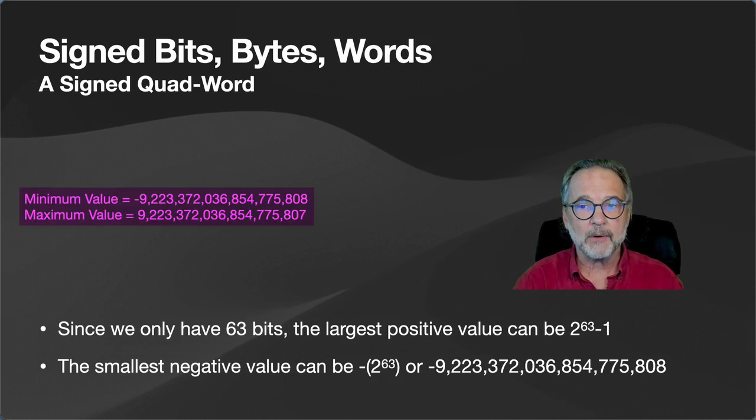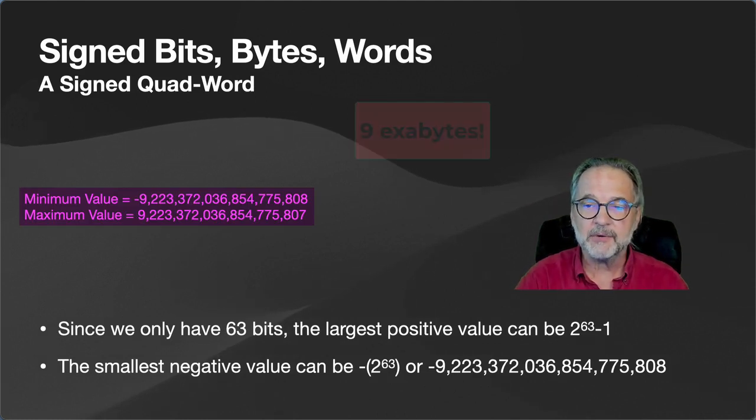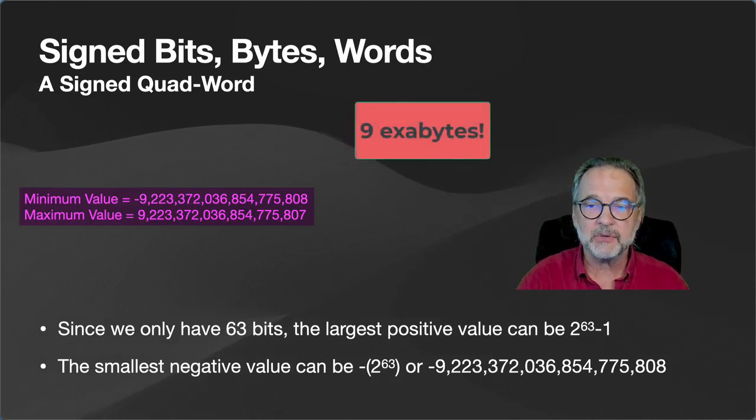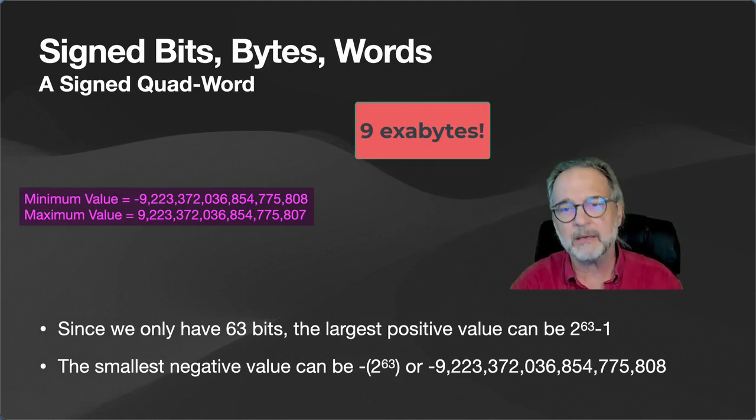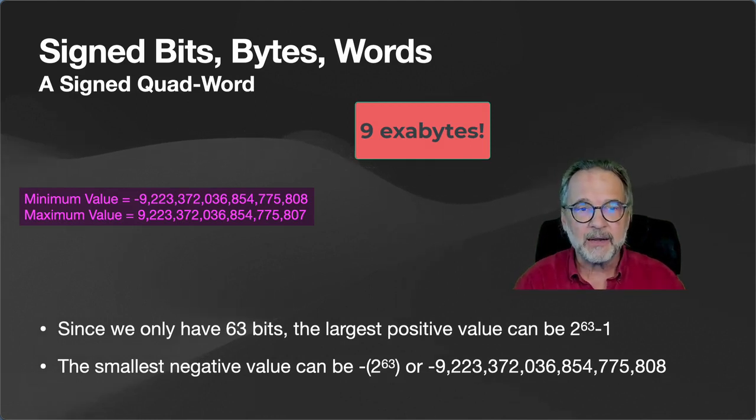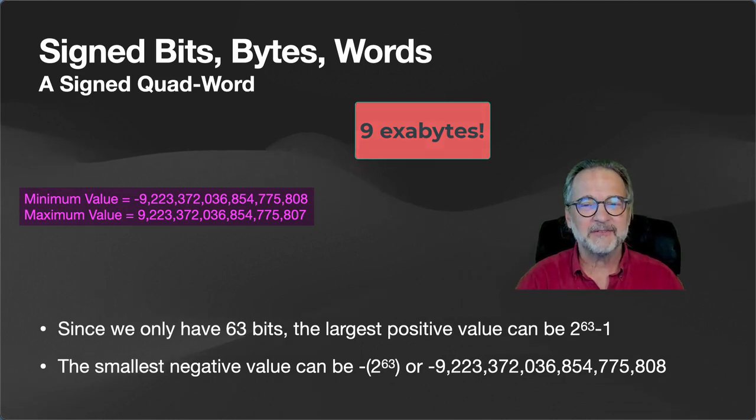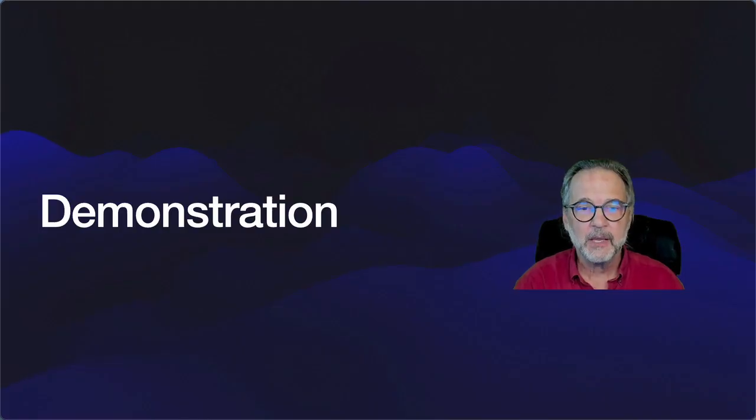A quad word, what is that? That's hundreds of thousands, million, billions, trillion, quadrillion. Is that sextillion? A positive 9 followed by all those other numbers, or a negative 9 followed by all those numbers. So let's take a look at what signed numbers look like in memory, both in Windows and in Linux.